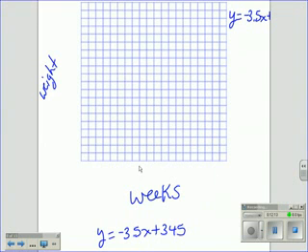Now for this one, our weeks I would count by ones. And actually I'm going to count by half of a week since we've got 3.5 here. So let's do 0, 1, 2, 3, 4, 5, 6, 7.